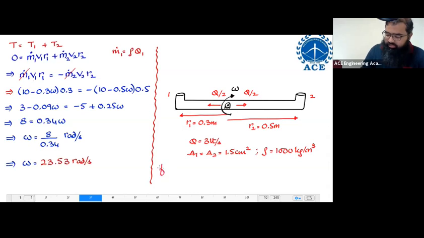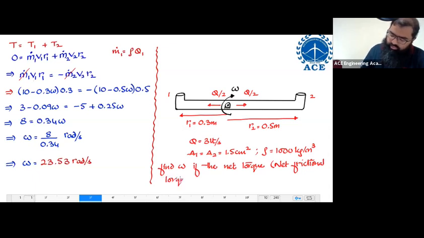Again, the question is find omega if the net frictional torque at hinge is 0.